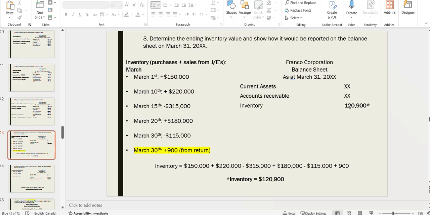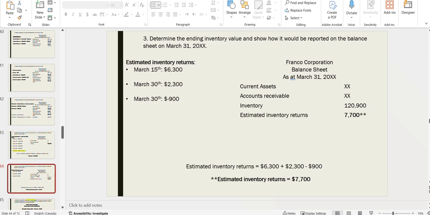Remember, we had inventory as an asset and we reported it in our balance sheet. And we also add our estimated inventory returns.